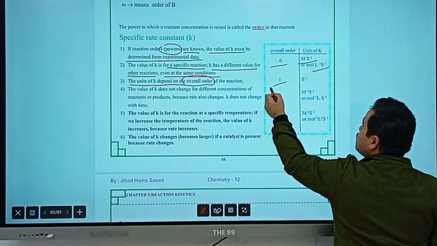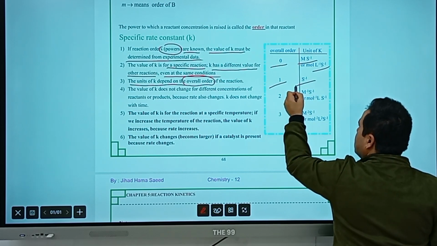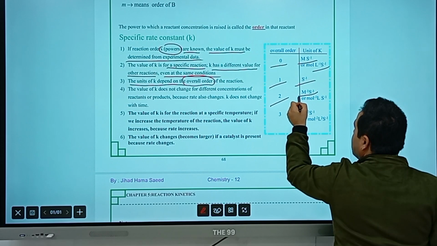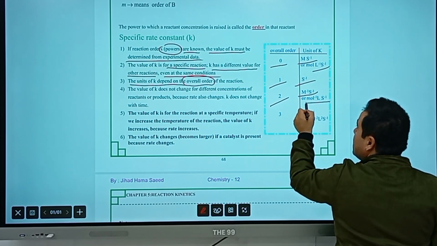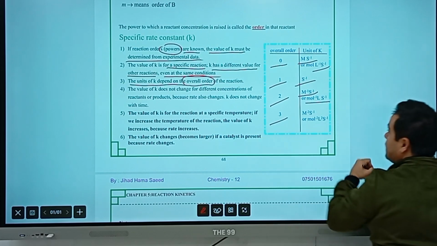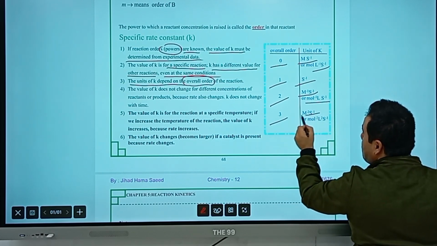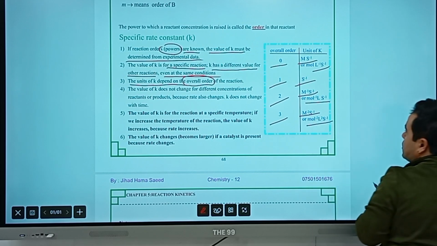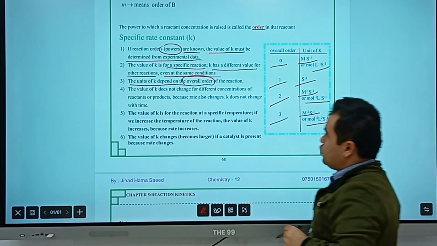If the overall order is 1, the unit is s minus 1. If the overall order is 2, the unit is M minus 1 s minus 1 or mol minus 1 L 1 s minus 1. If the overall order is 3, there will be a unit of M minus 2 s minus 1 or mol minus 2 L2 s minus 1, guys.